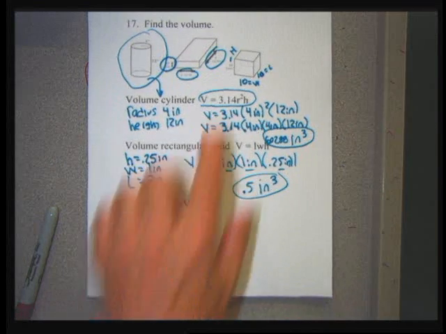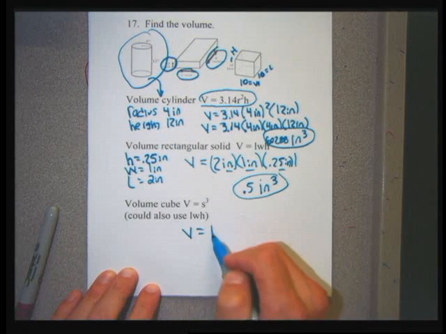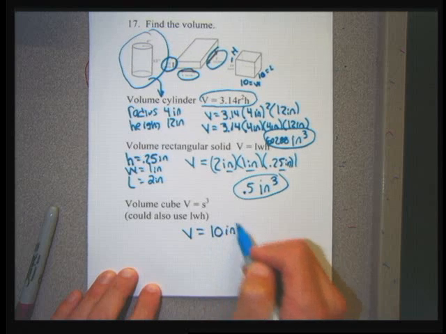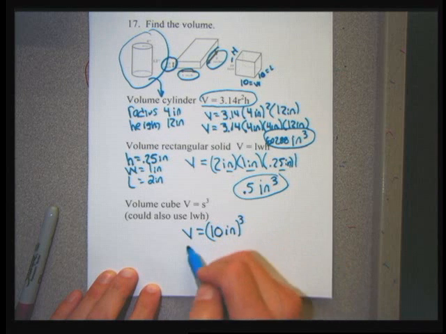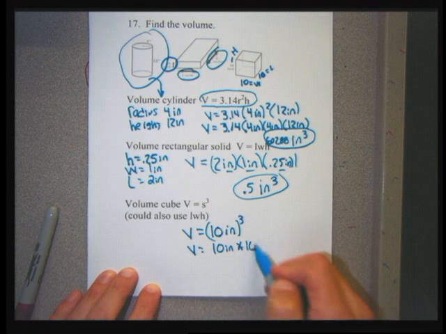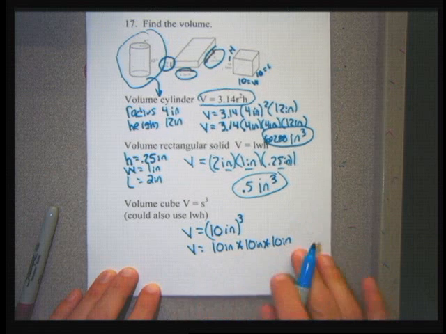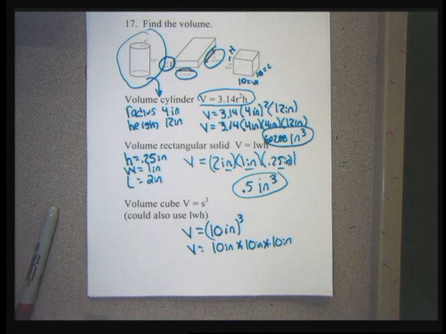Or I can use, because all the sides are the same, the volume for a cube is just the side cubed. In this case, its volume is going to be 10 inches times 10 inches times 10 inches, which is the same as L times W times H if you made each side have a name.